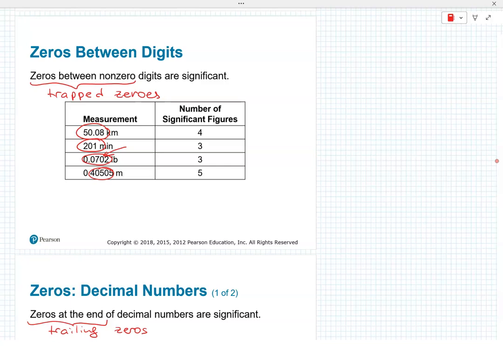Go ahead. Can you repeat your question? I'm sorry, I'm processing. So I'm trying to understand which one would be the significant figures in the trap. Trapped 0 is one of the significant figures.